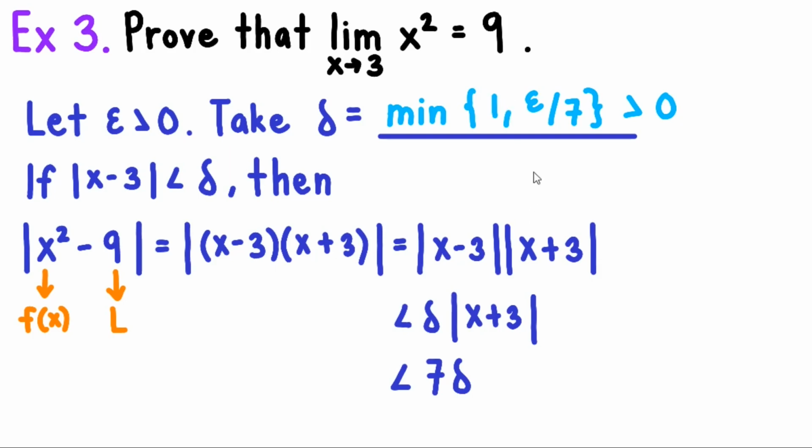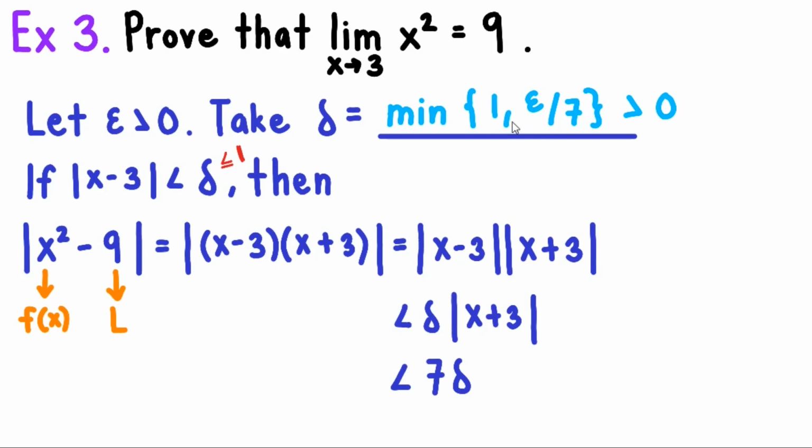There's a possibility that 1 is the smaller value here, since we set delta to be less than or equal to 1. So there's a possibility that delta is already equal to 1, or if not, then it's epsilon over 7 that is equal to delta. But in either case, you'll see that the outcome would still be the same.